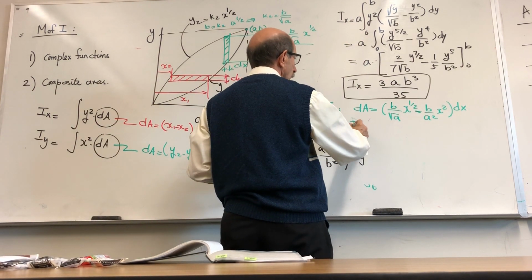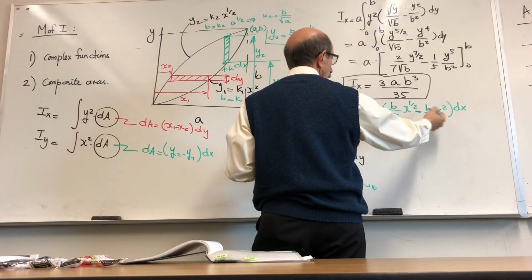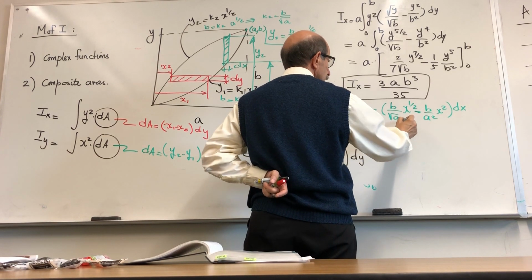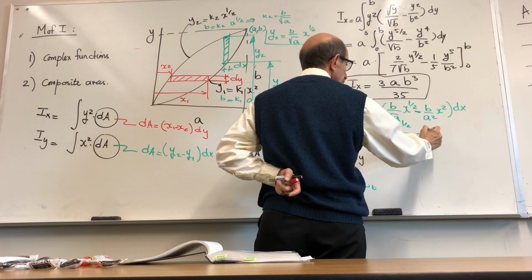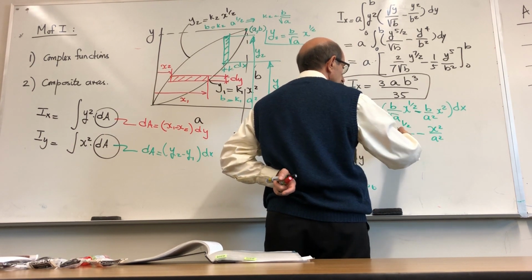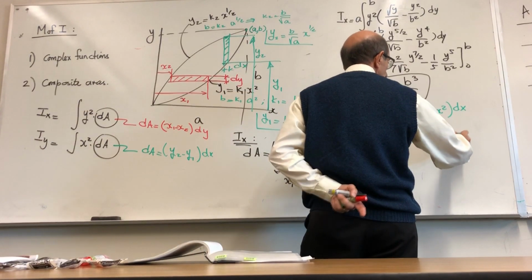So I of y is the integral of, and in this case I take b out, x square root of x divided by square root of a minus x squared divided by a squared times x squared dx.